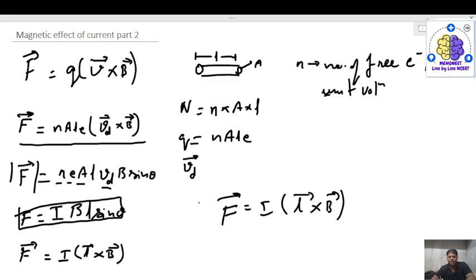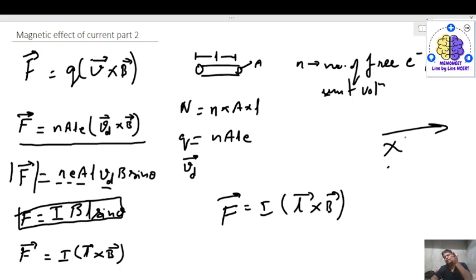This expression will give you the magnitude of the force. And to find the direction of force, we will use Fleming's left hand rule, in which the index finger is in the direction of the magnetic field, the middle finger is in the direction of the flow of current, and the thumb indicates the direction of force, right? So suppose the magnetic field is vertically inwards and the current in the conductor is flowing in this direction.